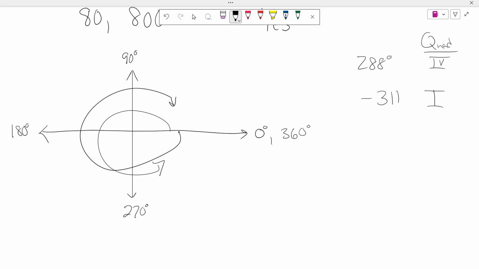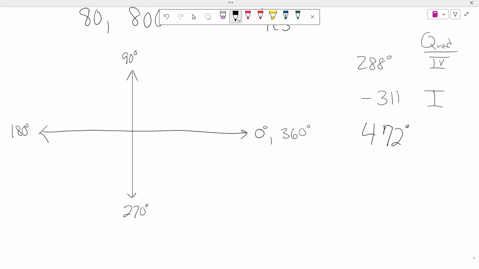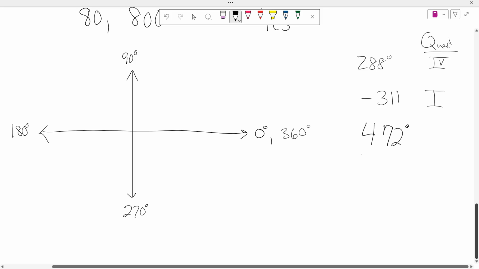So I'd be in quadrant 1. 472 degrees, what quadrant am I in? To figure this out, take 472 minus 360, and you get 112 degrees. So wherever 472 is, the same place 112 is. Well, 112 is in between 90 and 180, so it's in quadrant 2.